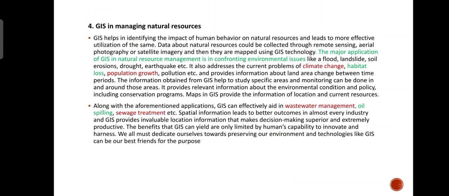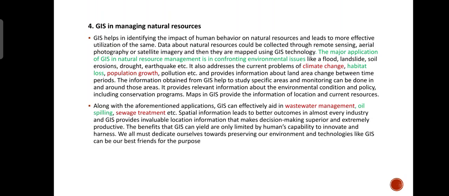Fourth one, GIS in managing natural resources. GIS helps in identifying the impact of human behavior on natural resources and leads to more effective utilization of the same. Data about natural resources could be collected through remote sensing, aerial photography, or satellite imagery, and then mapped using GIS technology.